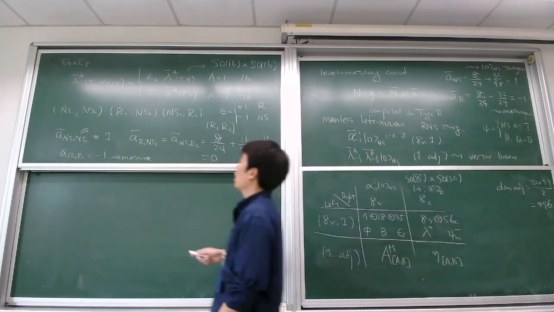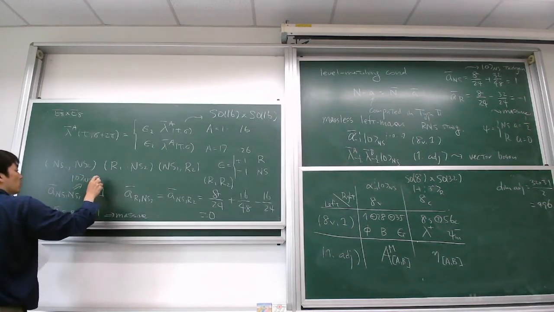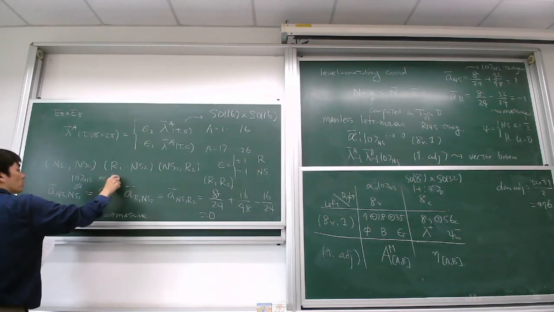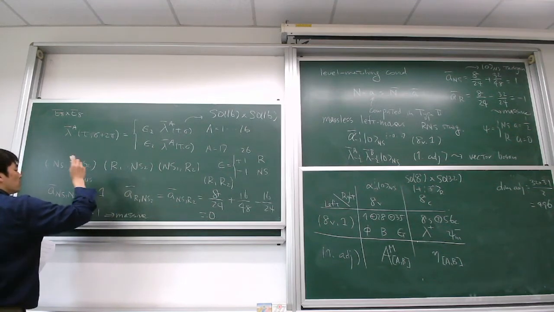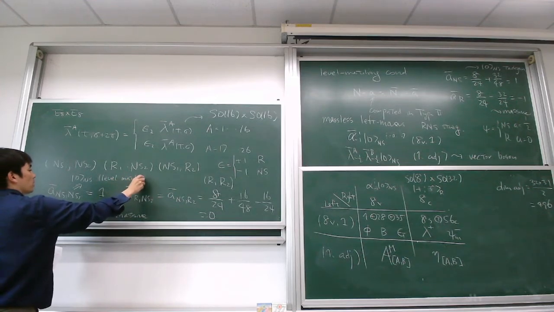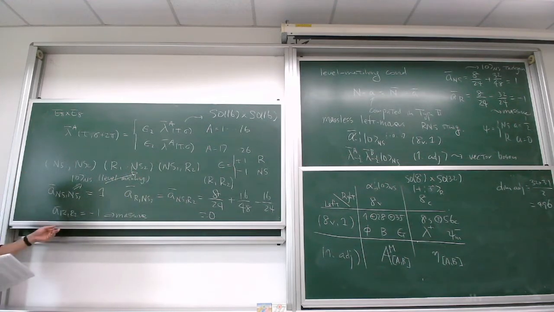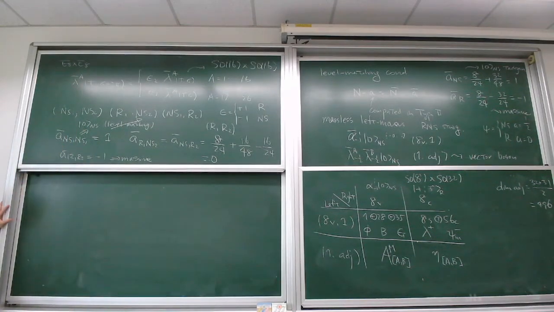Again, 0 and S, no level matching. Sorry. I chose, the level matching is not satisfied. So therefore, the tachyon from left mover is not present in the spectrum.